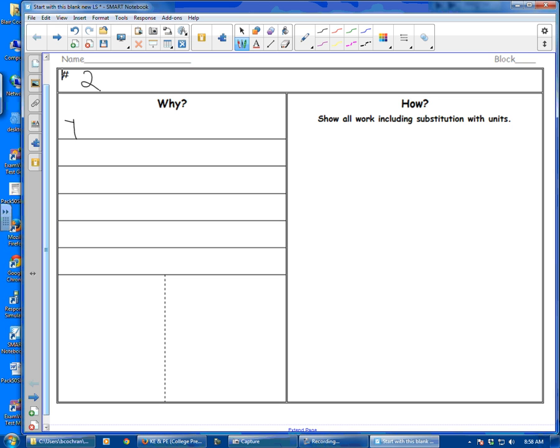And I would say the string does work on the arrow to increase its kinetic energy. So, by that, the amount of work the string does on it is going to increase the kinetic energy of the arrow. And that's probably all I would need for my Y.